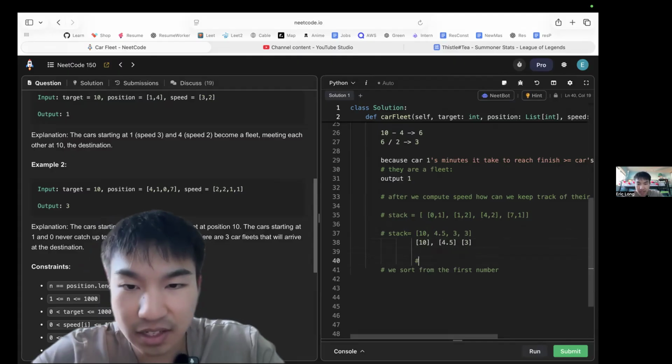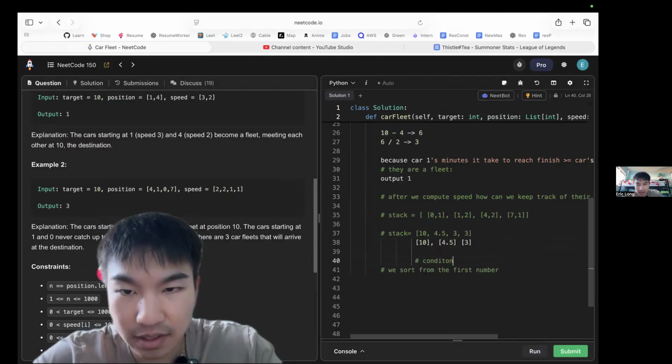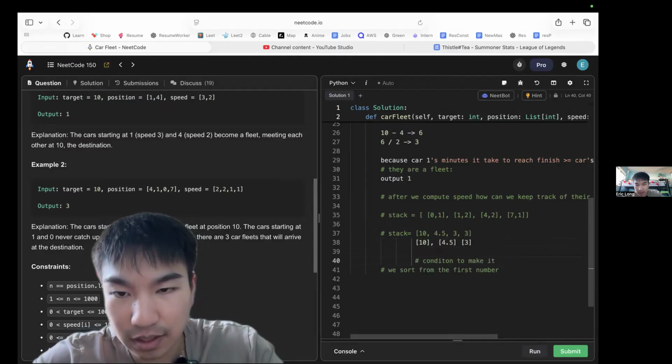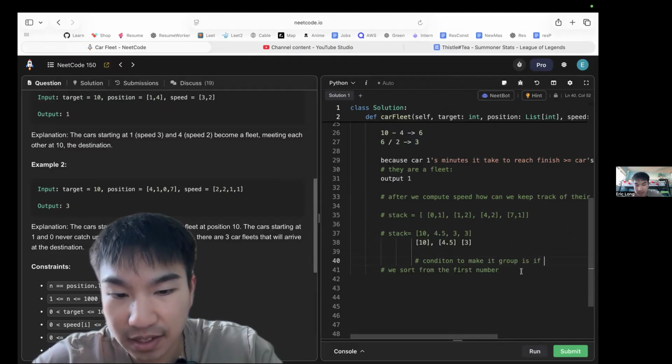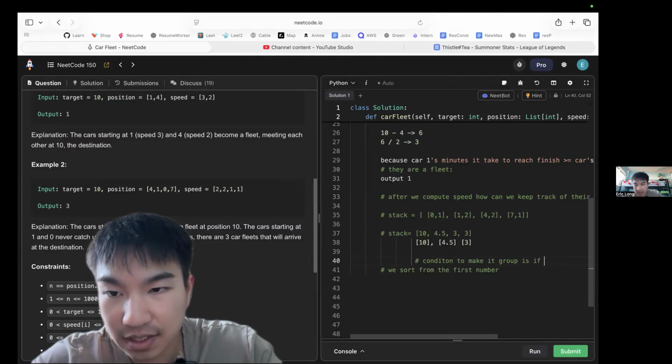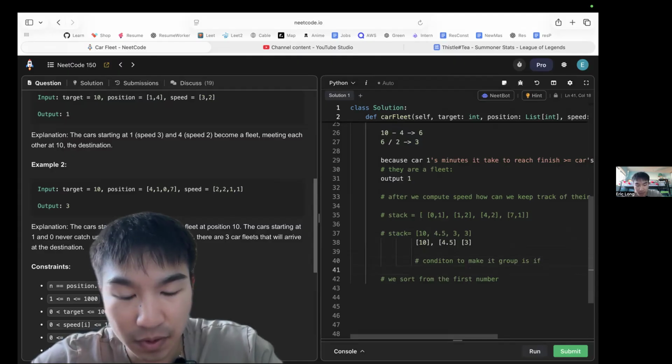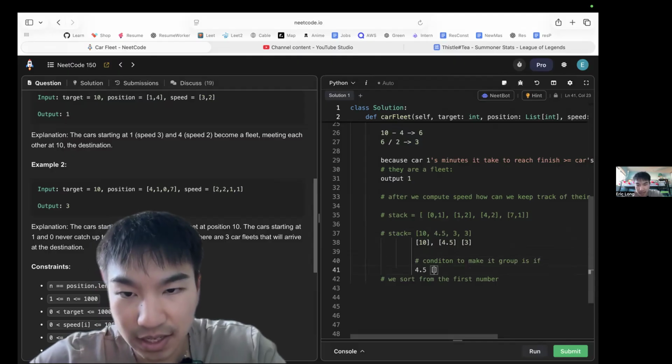The condition to make it a group is: if the number before it, so if it's like 4.5 and this one goes to 10, then we know this is a fleet.